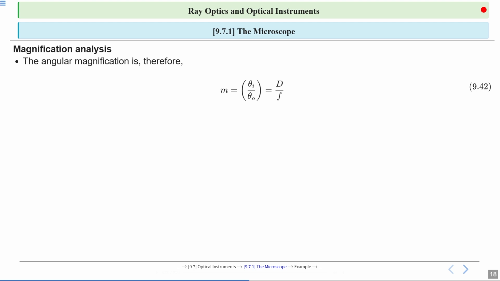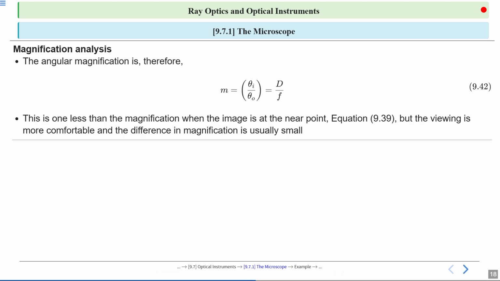M equals theta I upon theta naught equals d upon f. In this equation, theta I is the angle subtended by the image, theta naught is the angle subtended by the object, d is the least distance of distinct vision, and f is the focal length of the lens. This formula shows how the focal length and the distance of distinct vision affect the magnification.